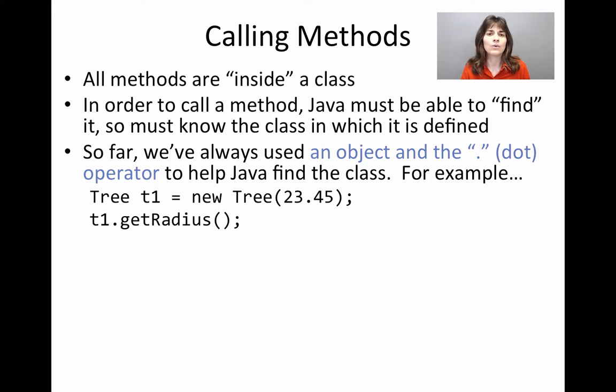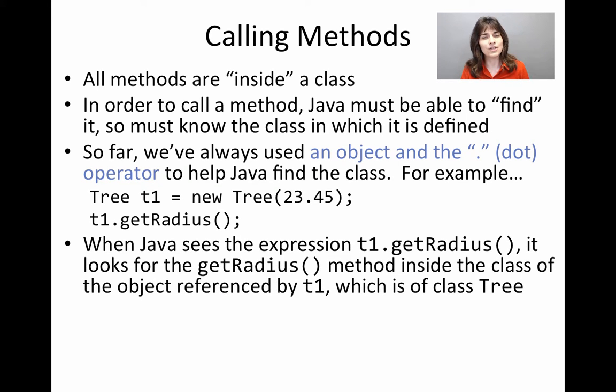For instance, when we created the tree class and then started creating tree objects, for instance the t1 tree object, we first created that and then we invoked the getRadius method through t1.